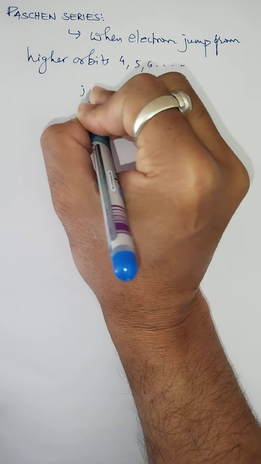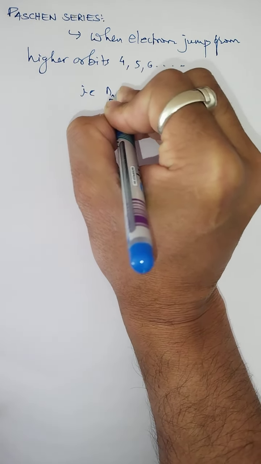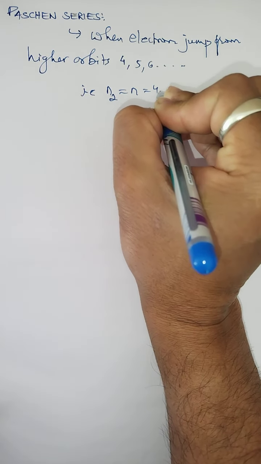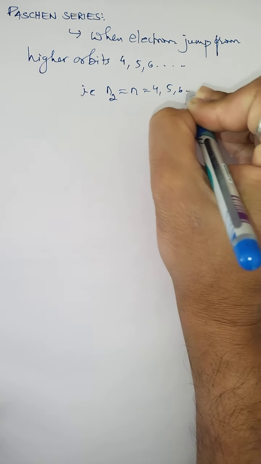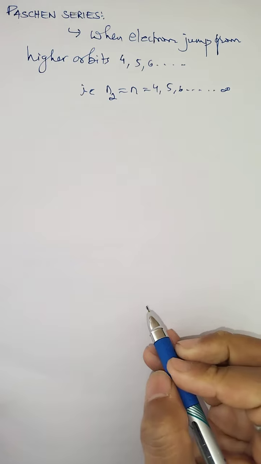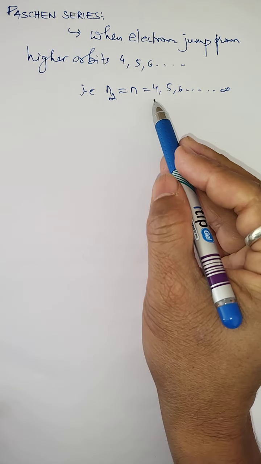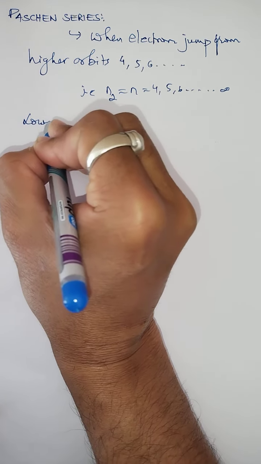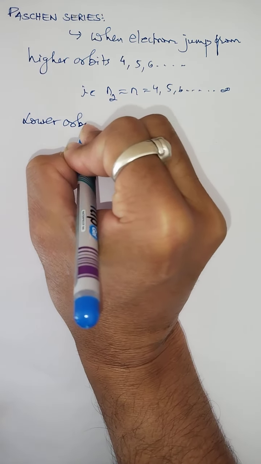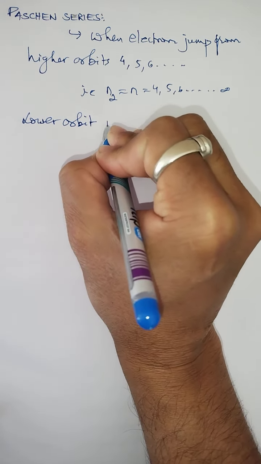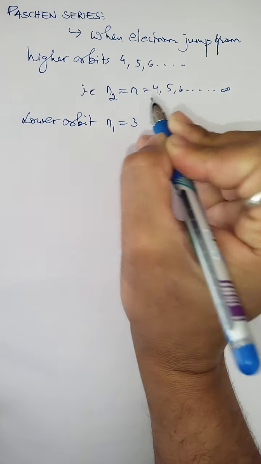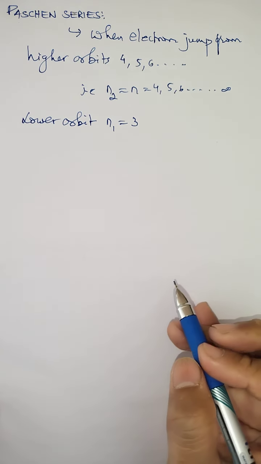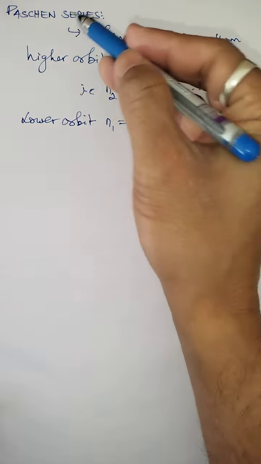That means the higher orbit is n2, which can be written as n, and this will be 4, 5, 6, and so on. It can go up to infinity. When the electron jumps from the 4 orbit to the lower orbit, the lower orbit in this series is n1, and this series' lower orbit is 3. When the electron jumps from 4 to 3, we get Paschen series.